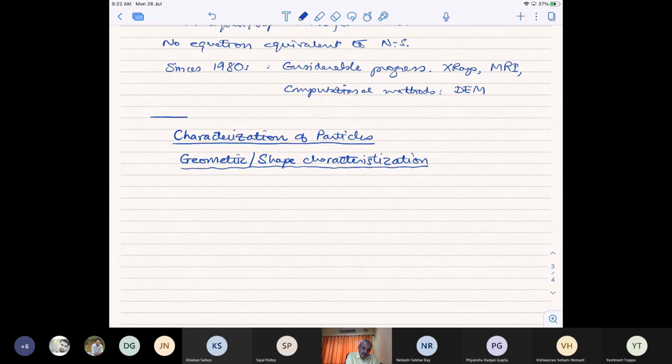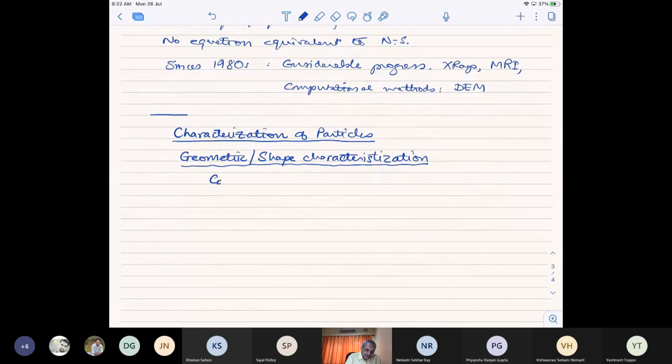So how do we characterize the shape of particles? People put them into categories, so you can say that the particle is acicular or needle shaped, something like this. And an example of this could be rice husk.